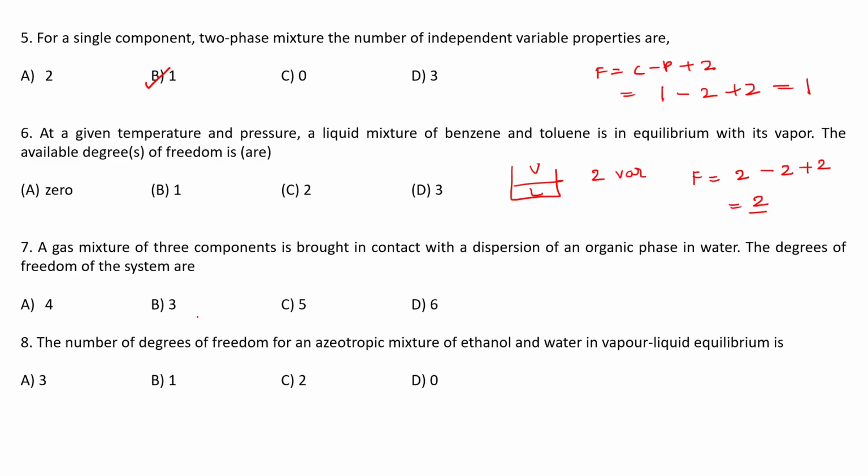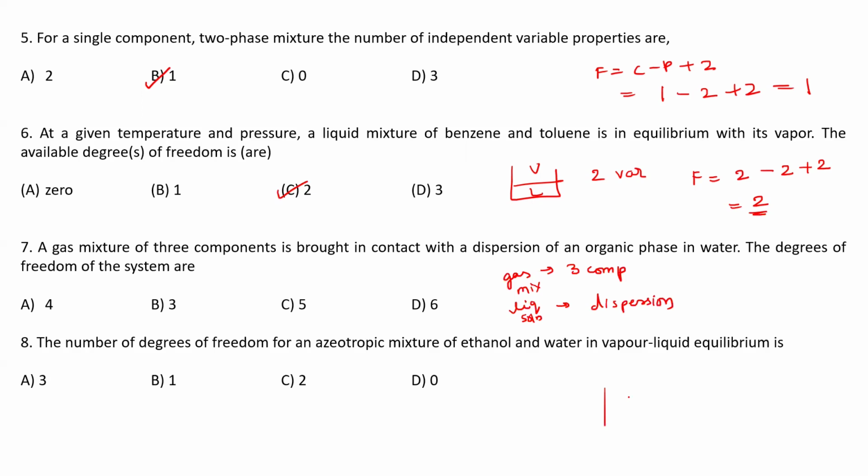A gas mixture of three components is brought in contact with a dispersion of an organic phase in water. So coming to the gas, three components, gas mixture, okay. And come to the liquid solution. This is a dispersion of organic phase in water. Generally, dispersion means bubbles.